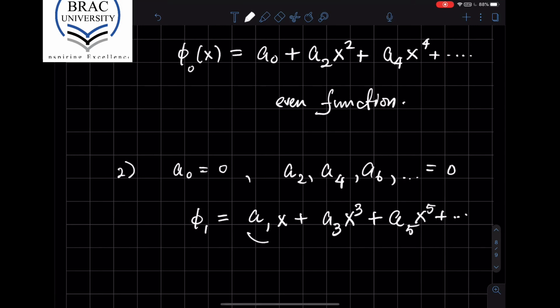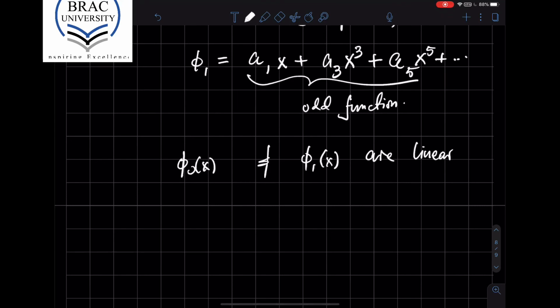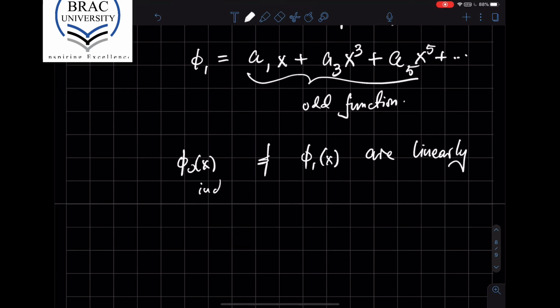In other words, an odd function. So these are the two classes of solution to our differential equation. And of course, it's easy to see that they're linearly independent: phi_0 of x and phi_1 of x are linearly independent because one is an even function, the other one is an odd function.